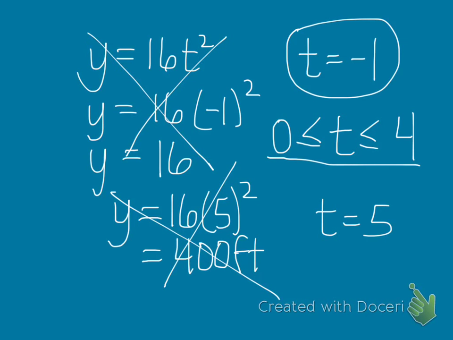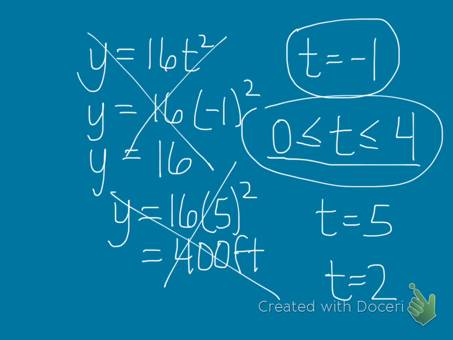So it can't fall 400 feet. So functions are only good usually within some certain range of values for the input. And we want a function where every time I put in one of these values, say t equals 2, I can get exactly one value for the output.